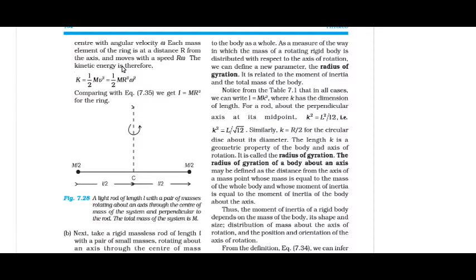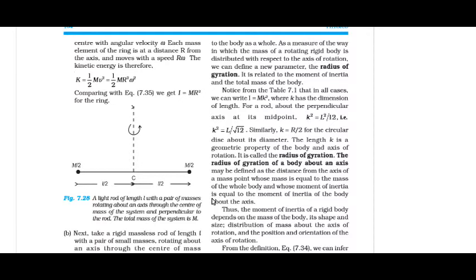Each mass element of the ring is at distance r from the axis and moves with a speed r omega. The kinetic energy is therefore K is equal to half m v square, which is equal to half m r square omega square. Instead of v we have written r omega. Comparing with equation 7.35, we get I is equal to m r square.